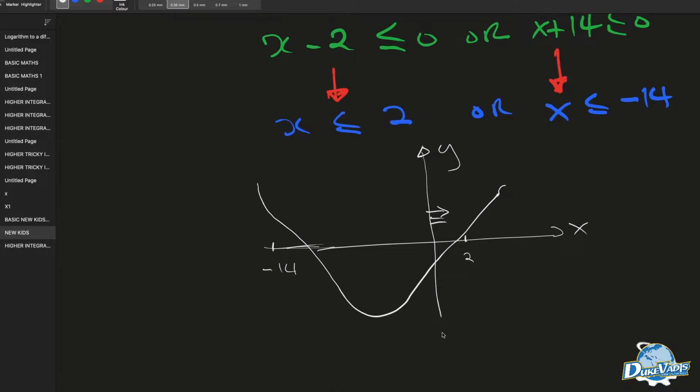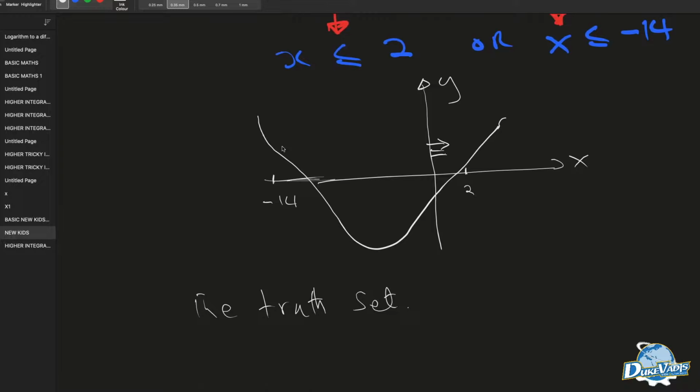So therefore, our truth set, that is how we write it, is x such that x is less than 2, or x is less than -14. So this is the truth set of the equation.